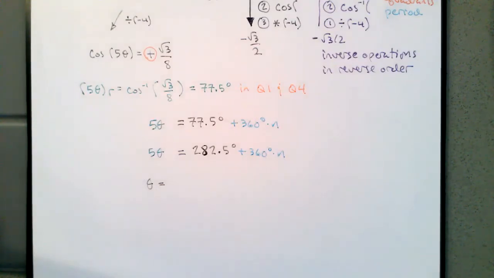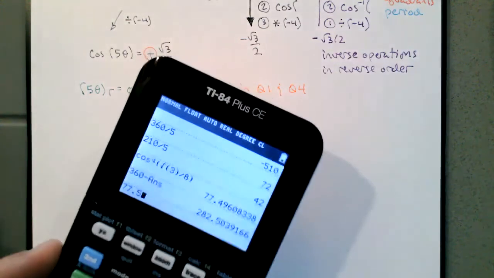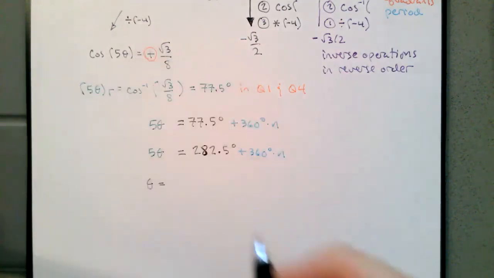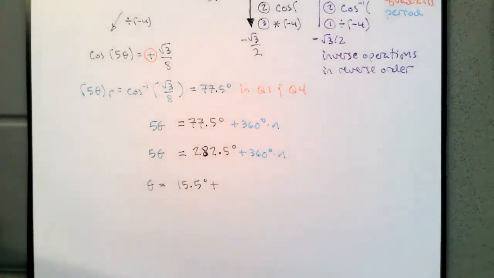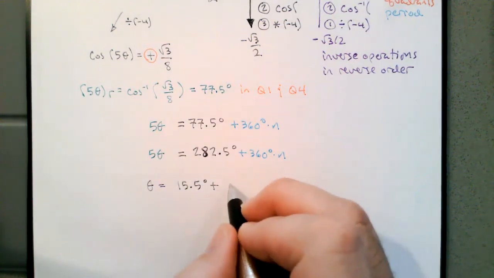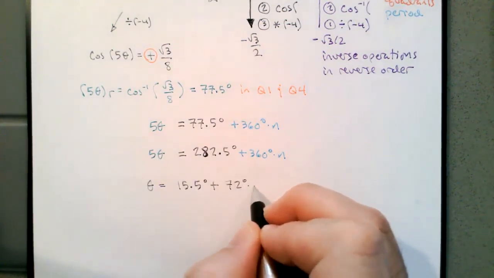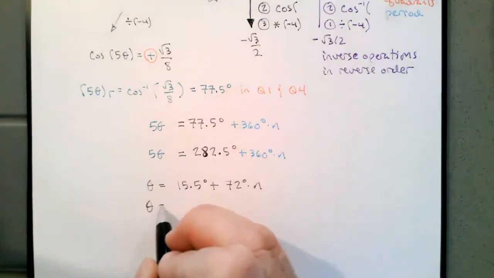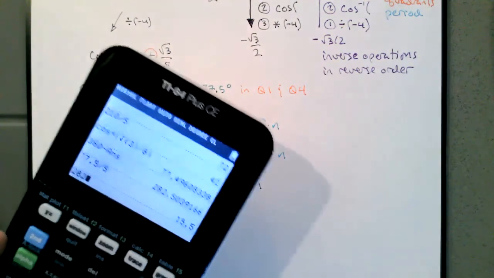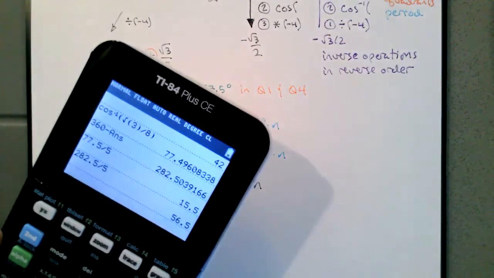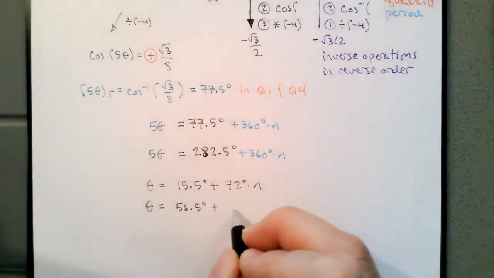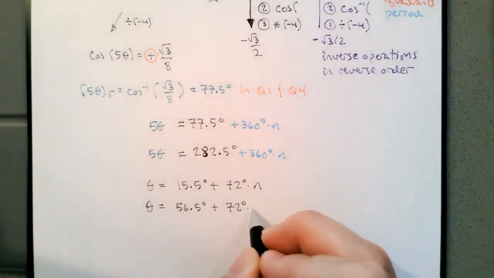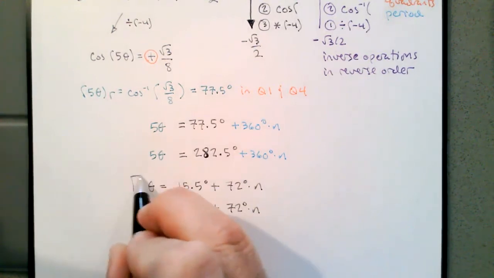So the 77.5 divided by 5, 15.5. And we know the 360 divided by 5 is the 72. And then I also need the 282.5 divided by 5 is 56.5. And the period is back down to 72.